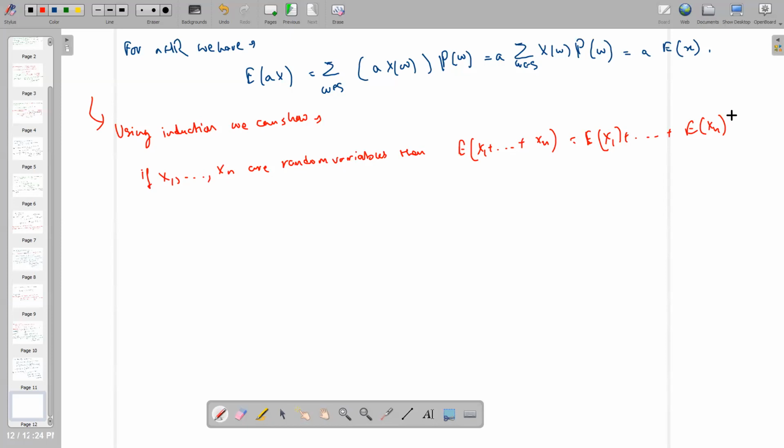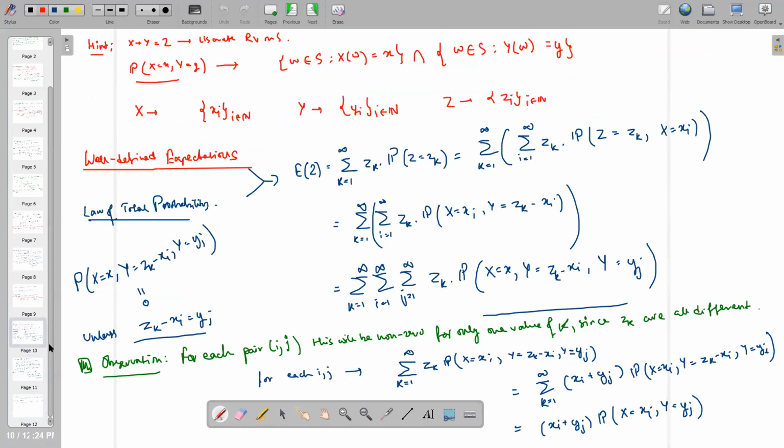I didn't understand that. Why was that probability 0 in the previous slide? Previous slide or previous 2 slides? Previous slide, like this one. You said it was 0 for everything, but only one value. Here, y is equal to zk minus xi, and y is also yj, right?